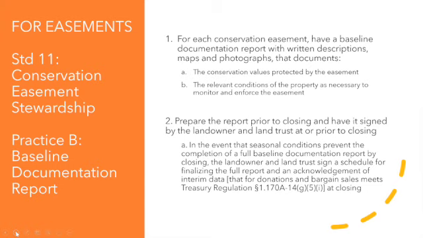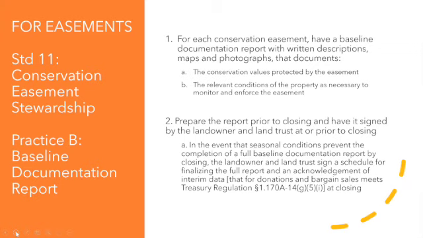And I want to distinguish here between BDRs and what are sometimes called baseline reports that discuss the condition of fee properties, like ecological inventories. Baseline documentation reports for easements are really a legal term of art, and they are legal documents as opposed to planning documents.